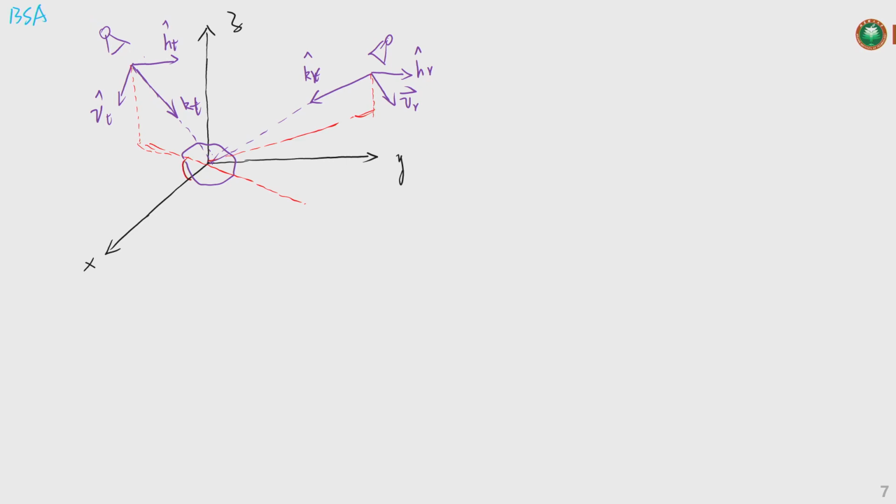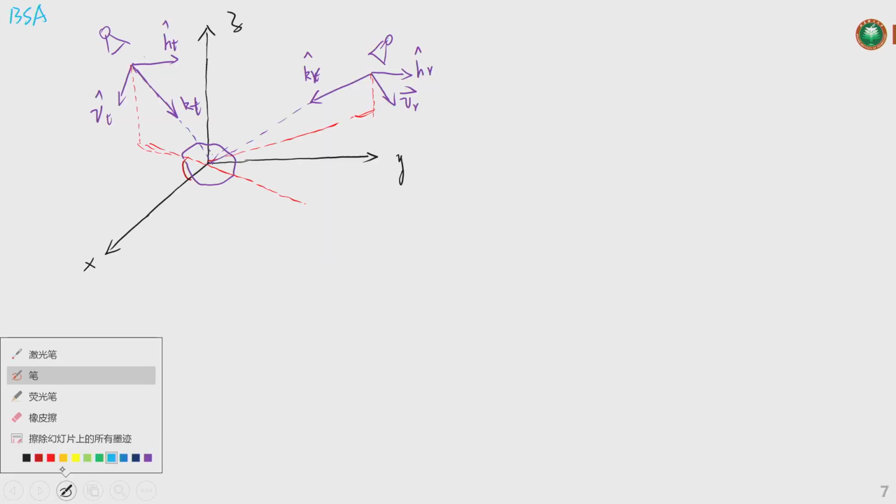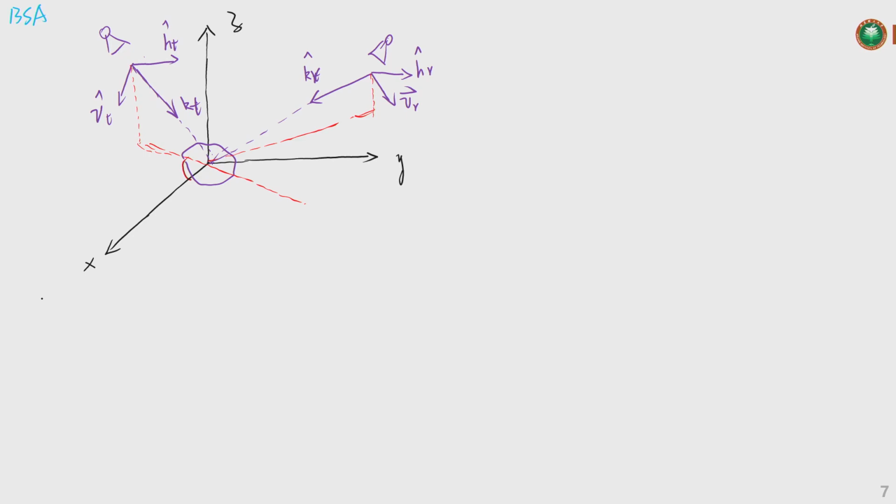So now, the first thing we can see is the transmitter side. For the transmitter side, we use KT, not KI now. We use KT, HT, and VT.